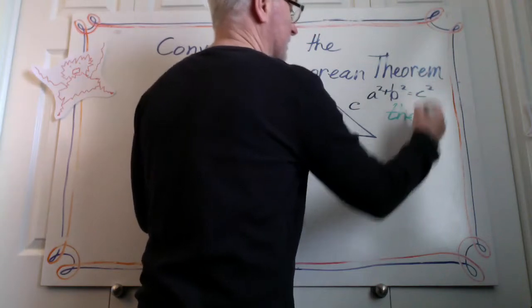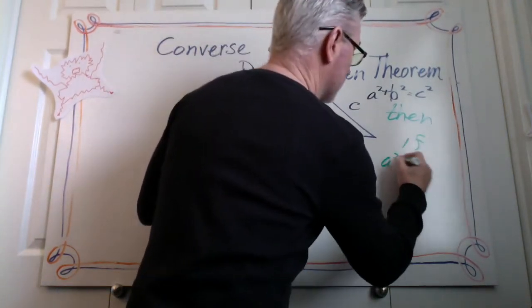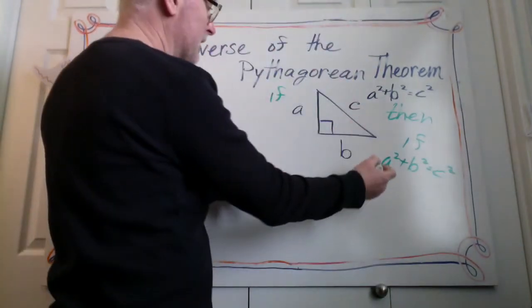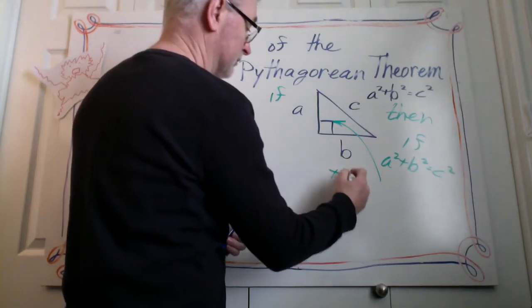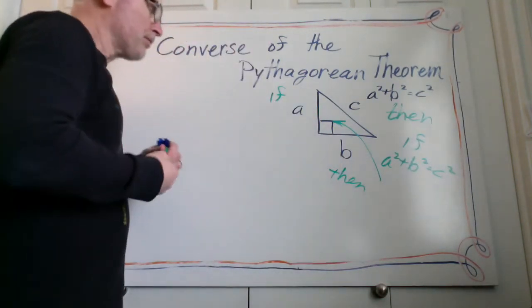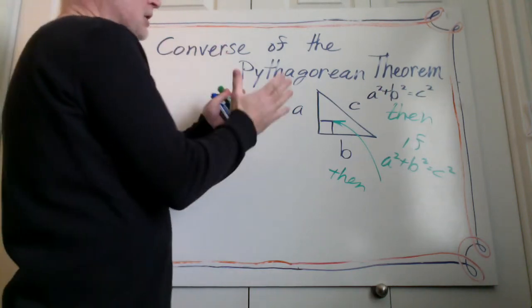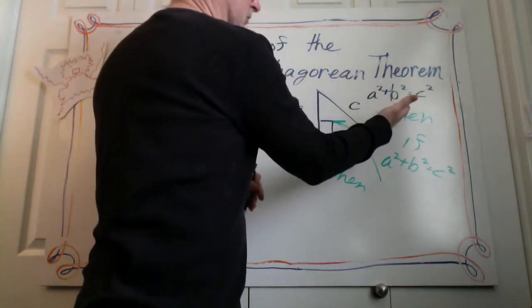If a squared plus b squared equals c squared, then this is a right triangle. That's all the converse is.